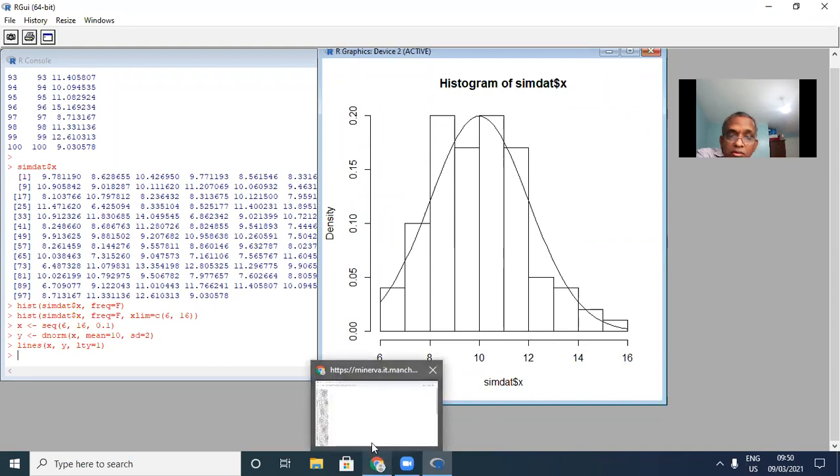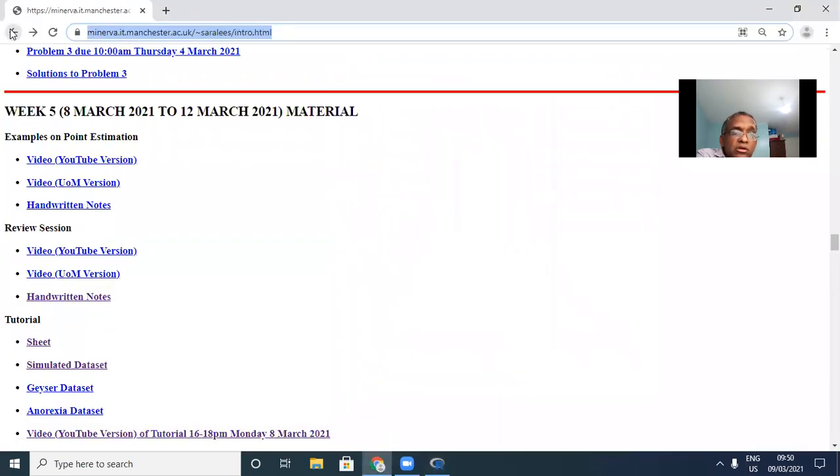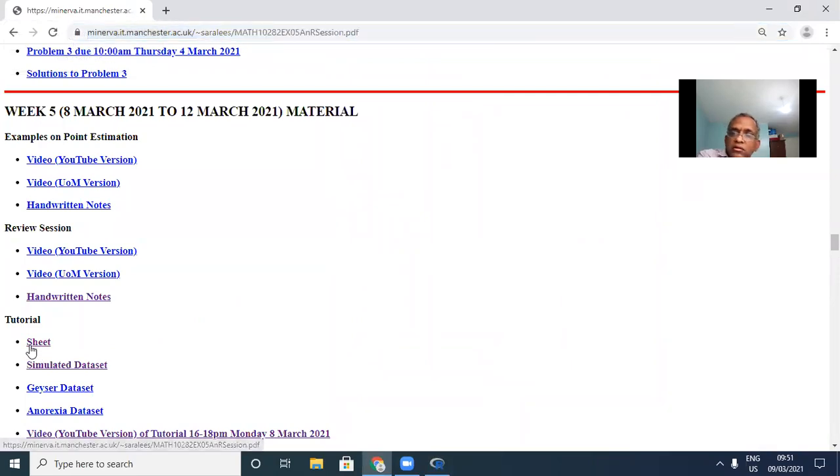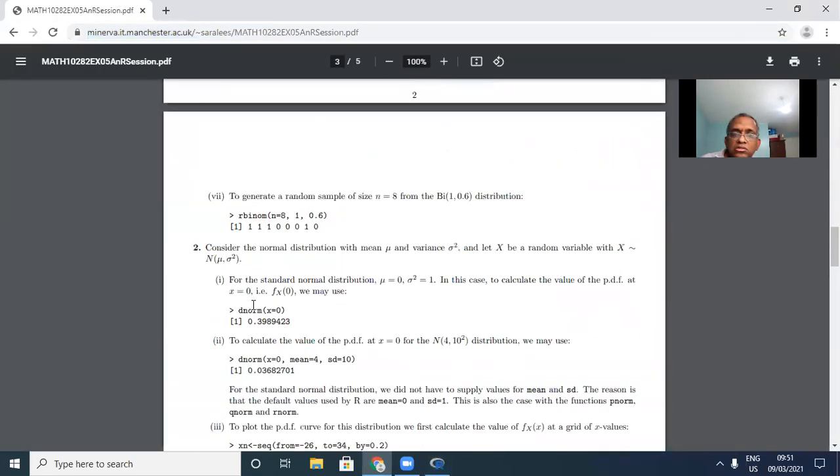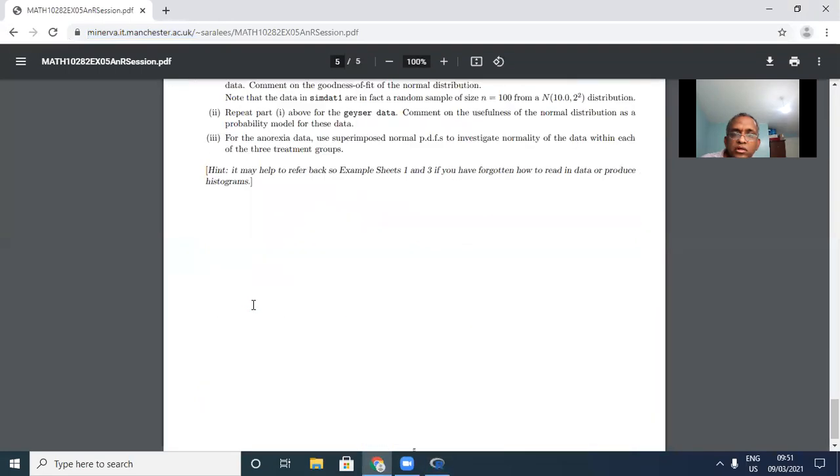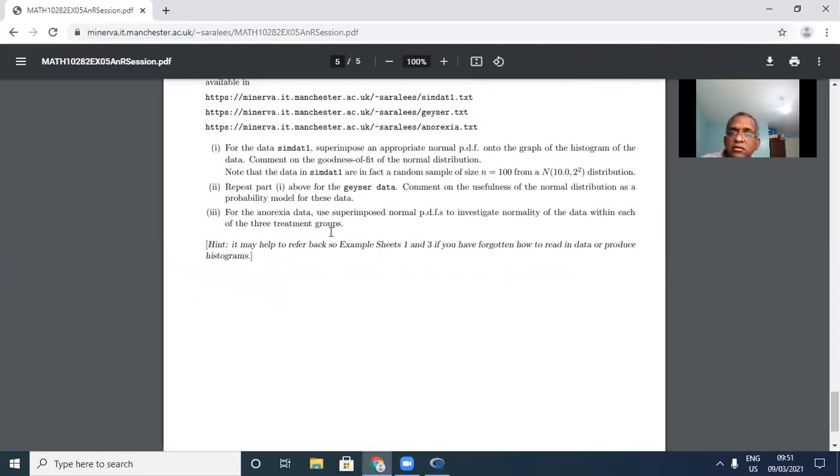You should go to the tutorial sheet. It says here, you see, that data is from a normal distribution with parameters 10 and variance 4.